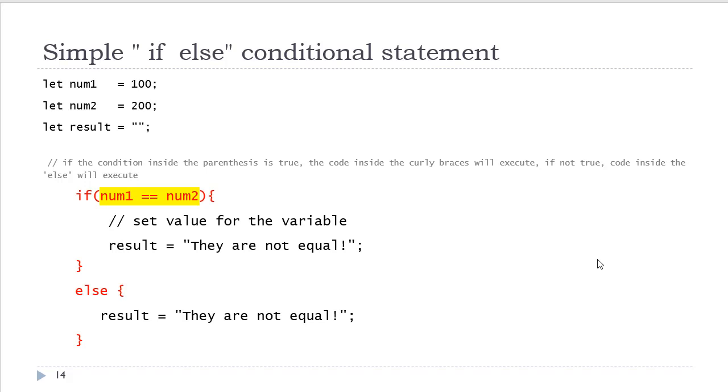So in this case, the condition is not true. But we have an else, so the code inside the else will execute if the condition is not true. So either way, something will happen based on the condition evaluating to either true or false.